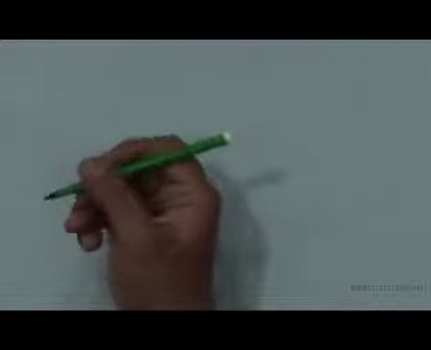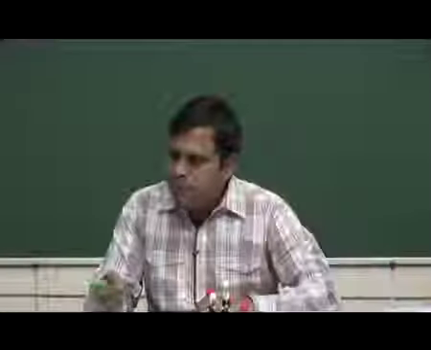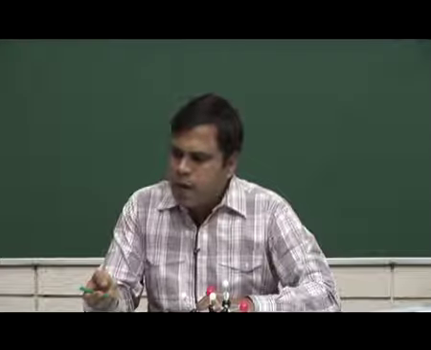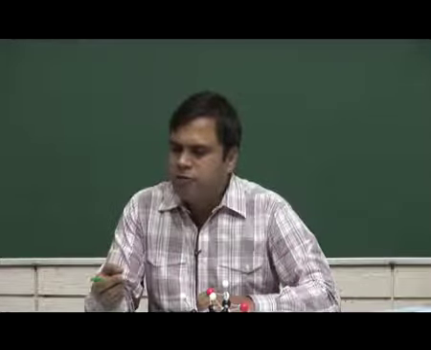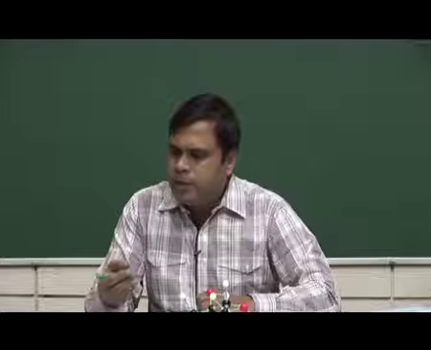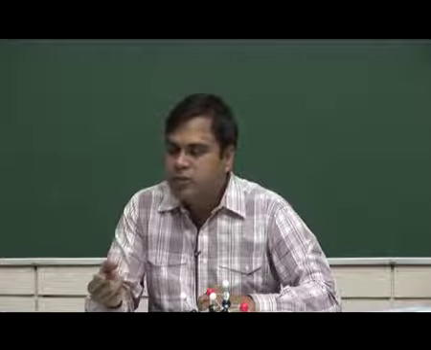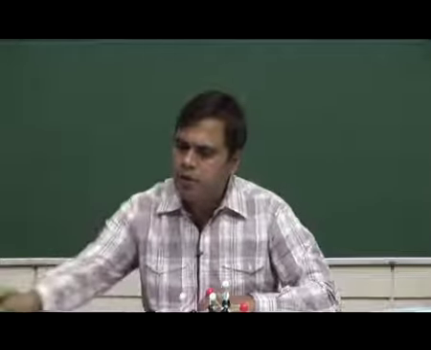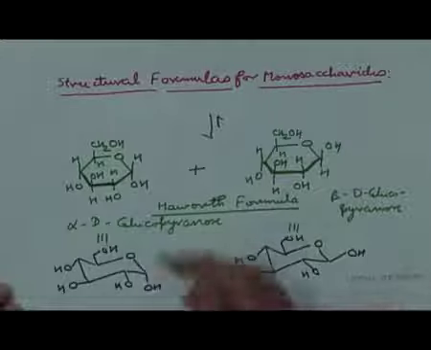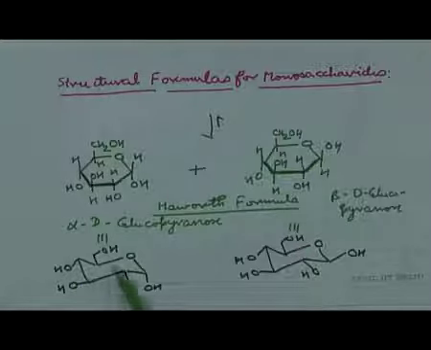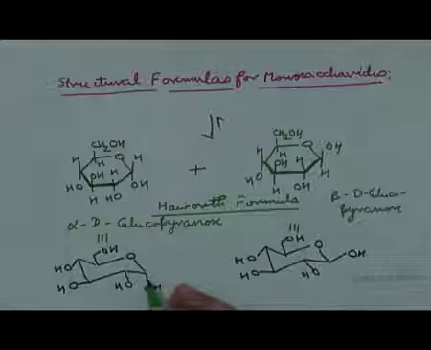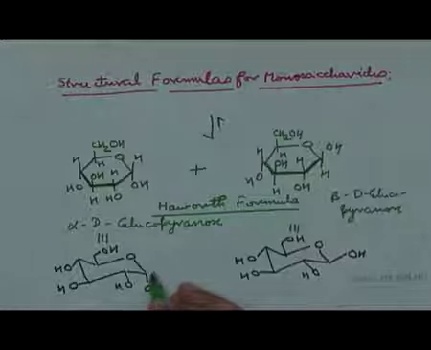In the cyclic forms of alpha D glucopyranose and beta D glucopyranose, the orientation of the hydroxyl group is determinant, that from which class, at the carbon number 1, there only it varies. If you look at these two cyclic structures, leaving all other stereocenters or chiral centers, only the stereochemistry varies at the carbon number 1.